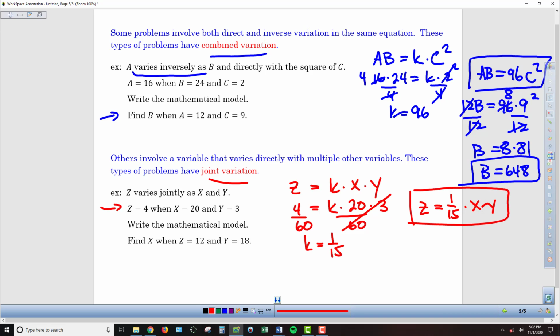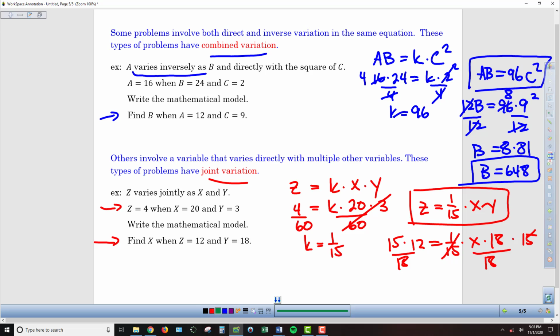So we got that here, and now we'll make use of it for this last part of the problem. We want to find x when z is 12, so that equals 1/15 times x, our mystery value, and then times 18 for y. So I'm going to multiply both sides by 15, and at the same time I can go ahead and divide by 18.